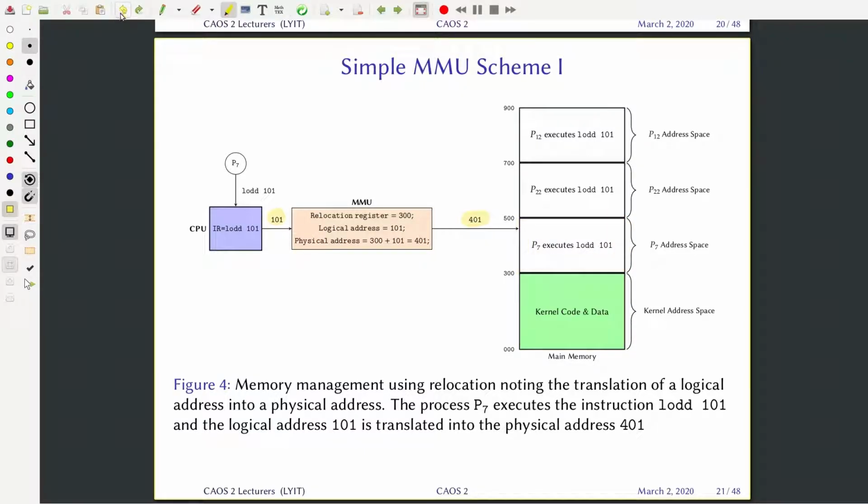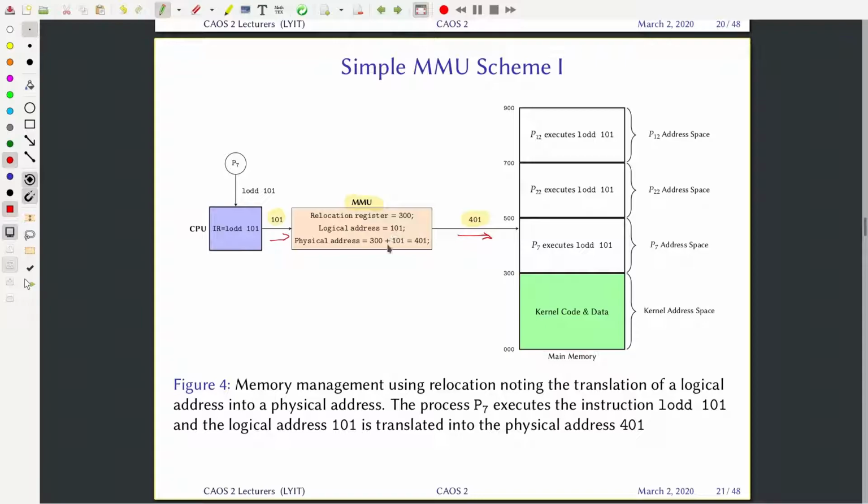This is done by using another bit of circuitry called the memory management unit. You can see that the logical position of the memory management unit is that it sits in between the CPU and the main memory, and it takes as an input a logical address, and then it produces as an output a translated, mapped, converted physical address. So logical addresses go into the memory management unit and physical addresses come out.